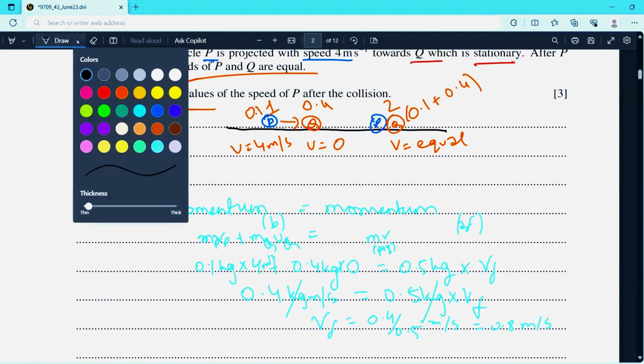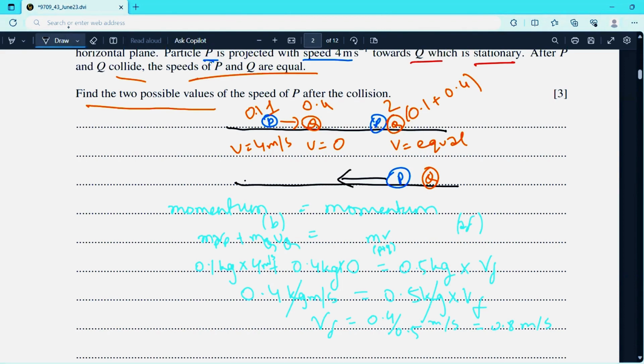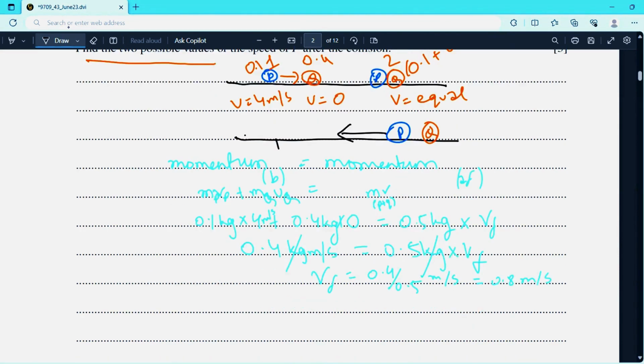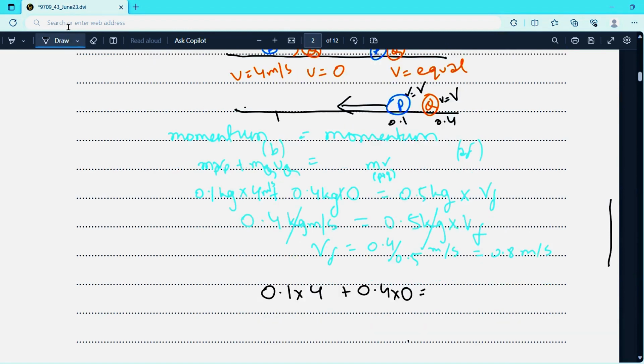And then another scenario: P can collide and go back towards its initial position. The v of these two are again equal. Momentum before and after would be 0.1 into 4 plus 0.4 into 0 equals, and here they're going in different directions, so their velocities will be treated differently.